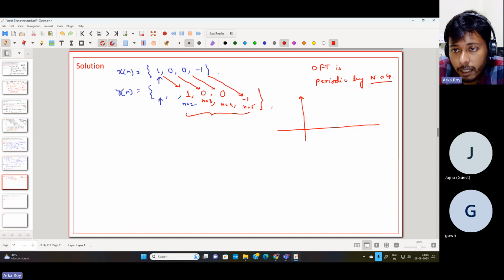So at n equals 0, I don't know what is there. At n equals 1, I don't know what is there. So the signal is 1 at position 2. I'm drawing y[n], and this is with respect to n. So at 2, then the components at 3, 4, and at 5, it is minus 1.